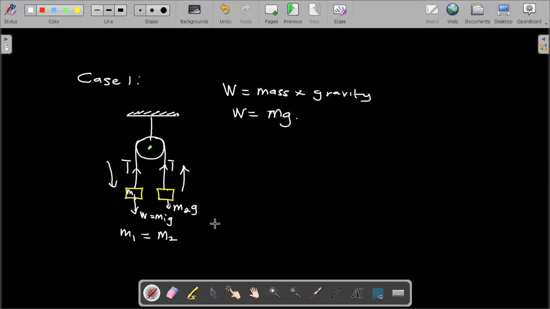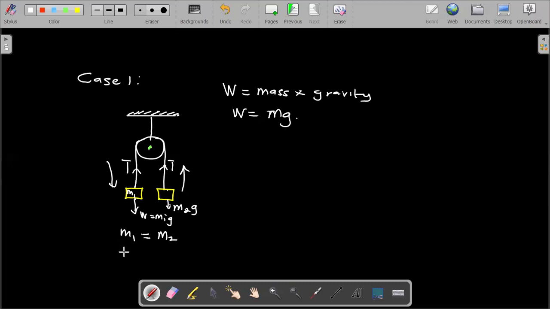Now, if M1 is equal to M2, what does that imply? It implies that the total weight experienced on the left and the one experienced on the right will cancel out.